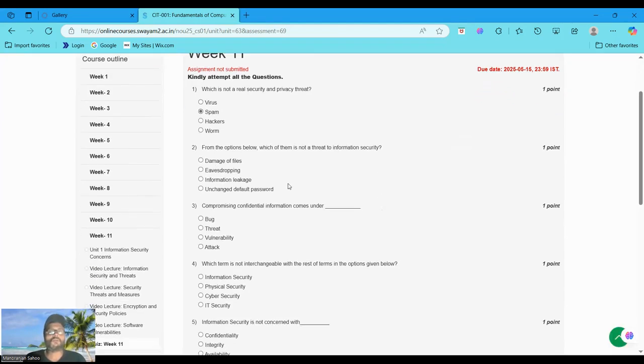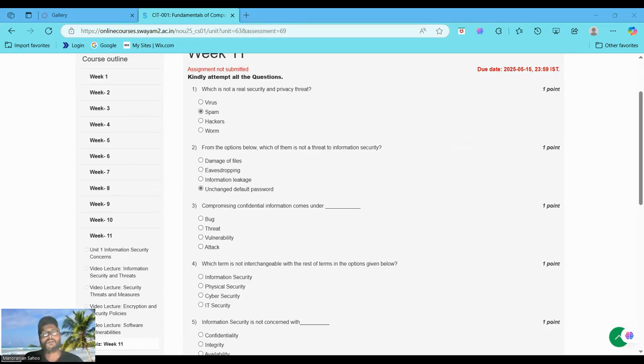Now, moving to question number 2. From the options below, which of them is not a threat to information security? The answer is unchanged default password. Why choose unchanged default password? Suppose we choose damage of a file: that means a threat can lead to data loss. Eavesdropping is a threat, the unauthorized interception of communications.